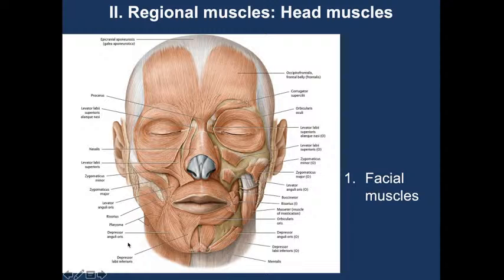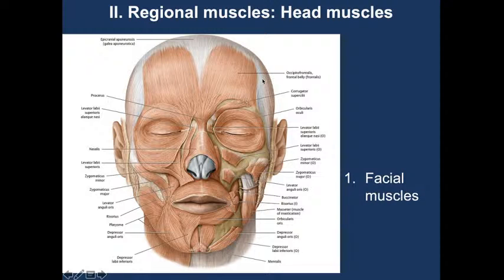They open our mouth or open our eyes. Some muscles are around the ears or around the nose, and quite large muscles are on the surface of the cranium cerebrale.